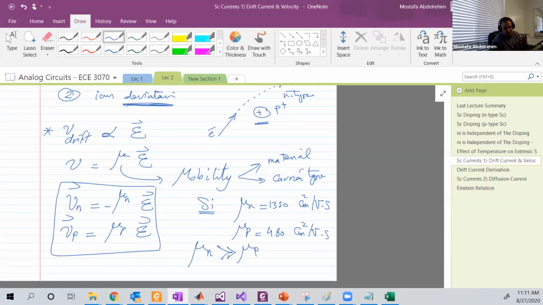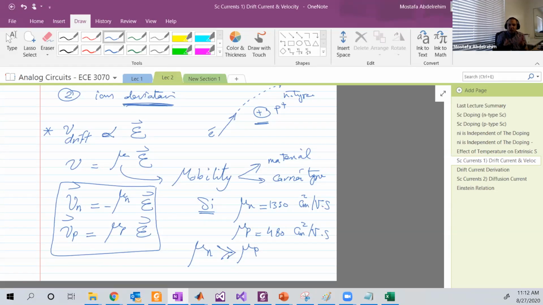And this has a reason. The mobility of electrons is larger, which means they have larger velocity under the same electric field, because they move in the conduction band, where most of the orbitals are free. But the mobility of holes happens in the valence band, which is completely filled at 0 degrees, or partially filled at room temperature, but more filled than the conduction band.